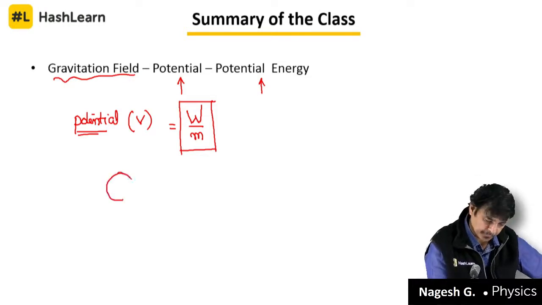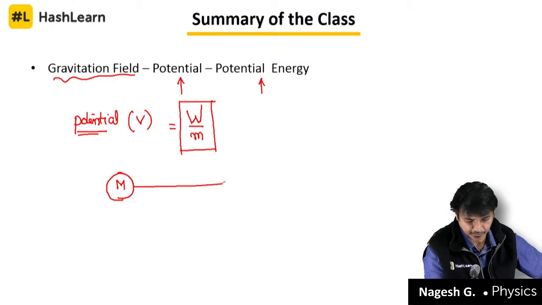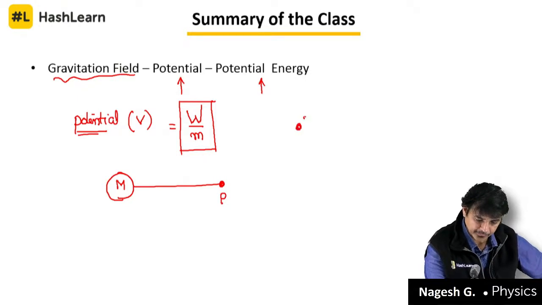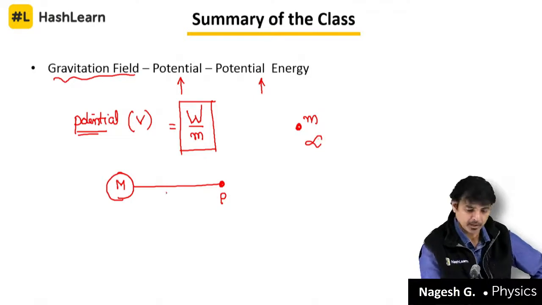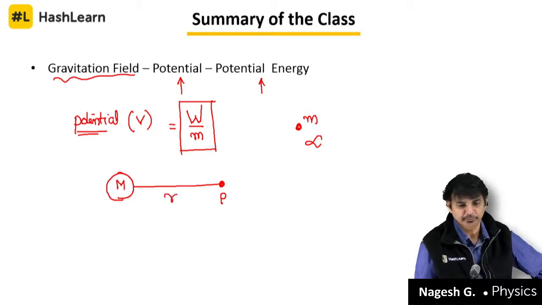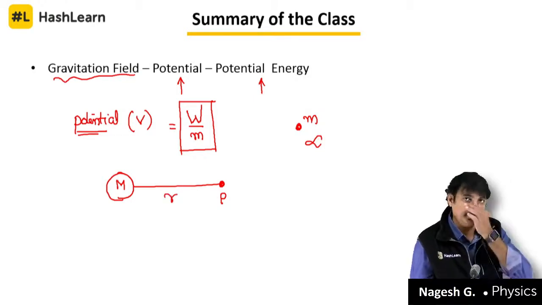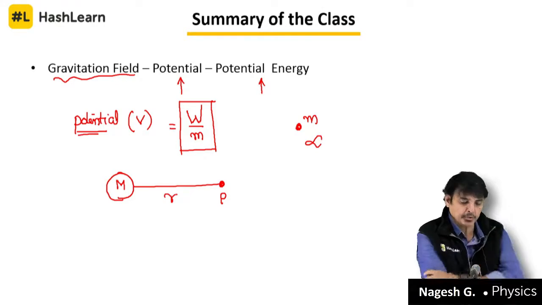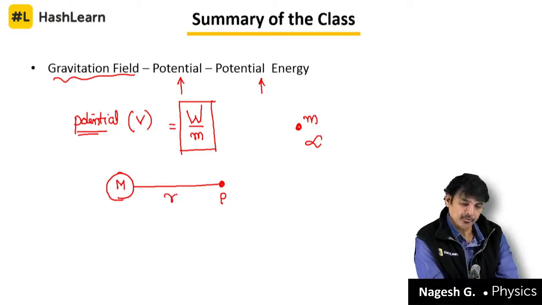Say for example, this is a source mass having a value m, and this is the point P, and your test mass m is at infinity, and I would like to know the gravitational potential at the point P due to the source mass m. For that I am performing a work.